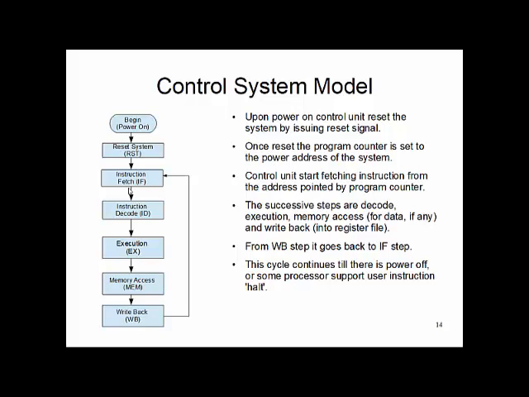So in this process, we'll assume that each step is one clock cycle long. That means, to complete one instruction, let's say in your assembly program you are given an instruction like add R1, R2, R3, for example, it will take 5 clock cycles to complete execution of that instruction.